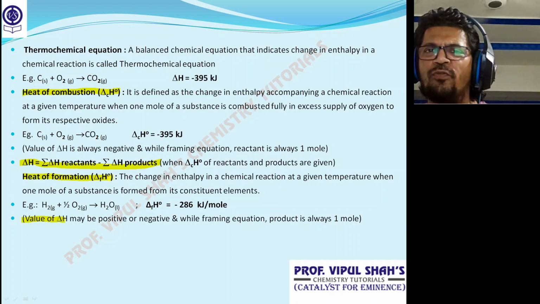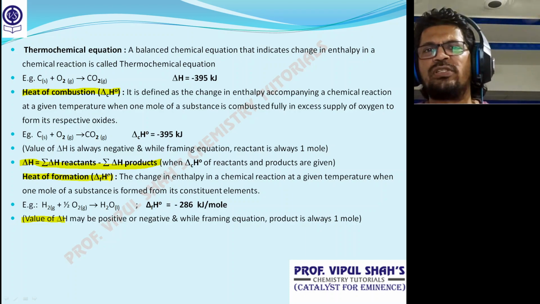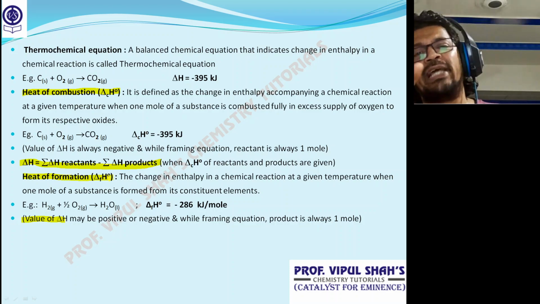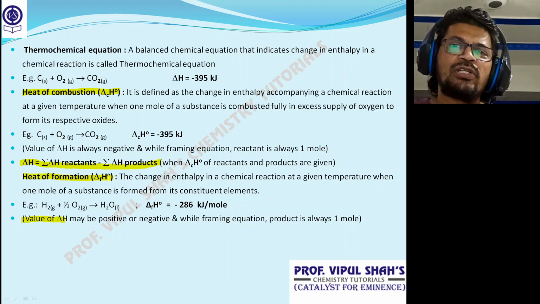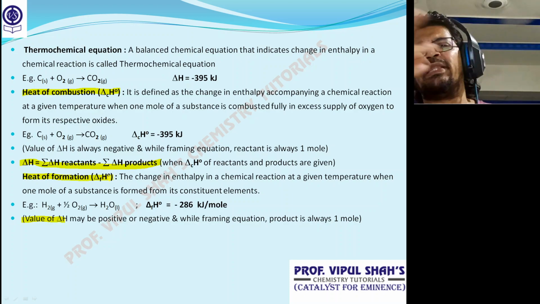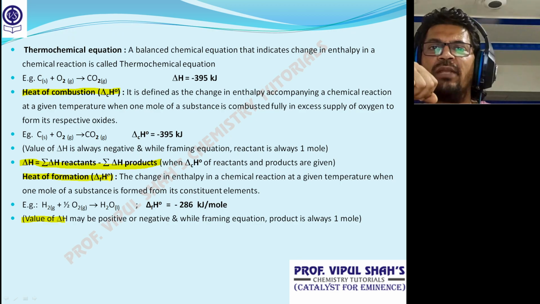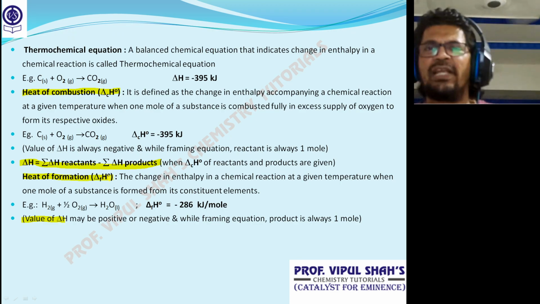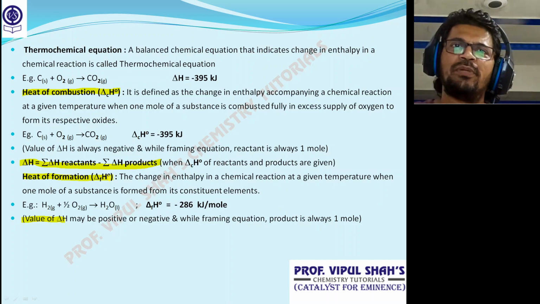So whenever you frame an equation of formation, the rule is simple: product is 1 mole from its constituent elements, and the delta H value for formation may be positive or negative. That means the enthalpy change may be exothermic or it may be endothermic. Second point, for combustion delta H is always negative, meaning it's always exothermic.